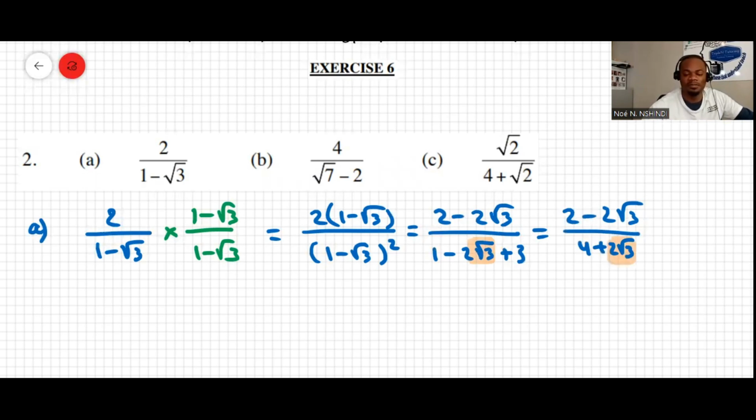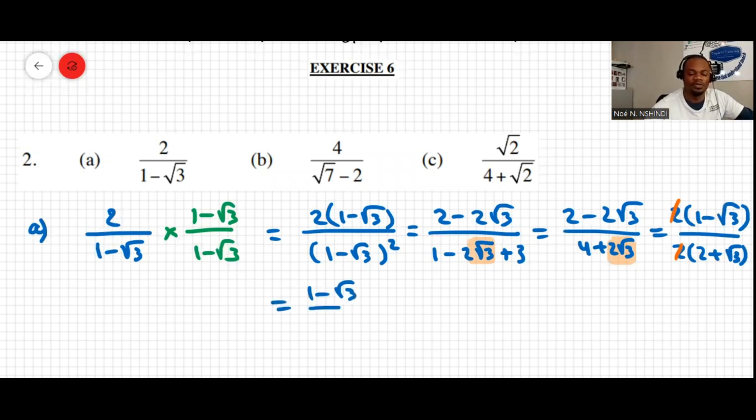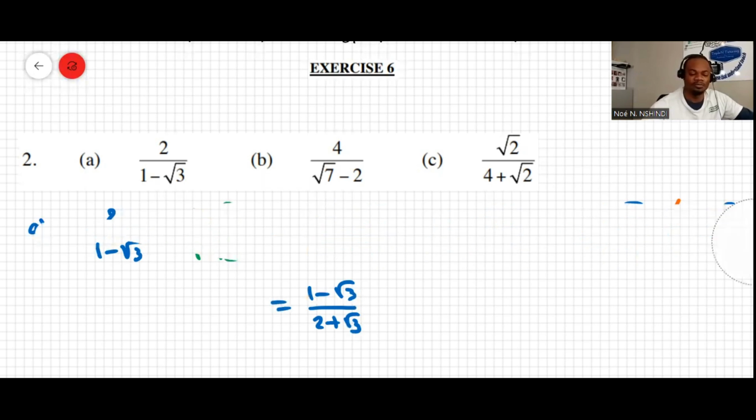Even if I simplify again, I take 2 as a common factor, it's going to be 1 minus root 3 over 2 plus root 3. You see? And then if I multiply again by 2 plus root 3 to cancel the denominator, I'm going to have another root at the denominator over and over again.